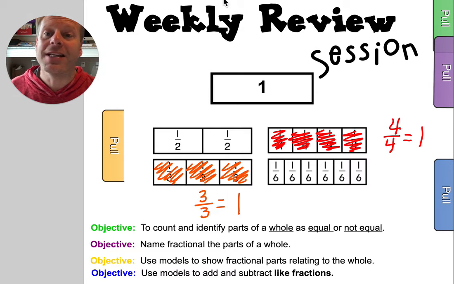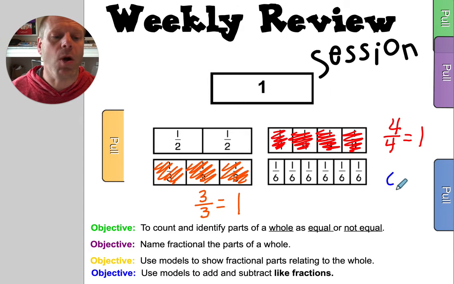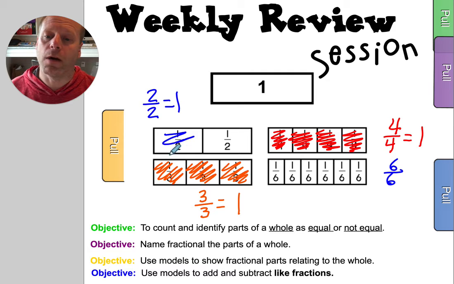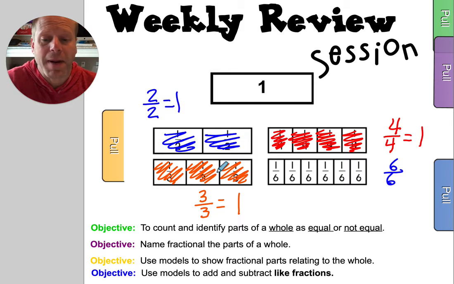Here, I would need 6 out of 6 to be a whole. Here, I would need 2 out of 2 to be one whole candy bar. 2 pieces would give me a whole thing. It just depends how many pieces you have when you cut it up. However many you have to have them all. Otherwise, you don't have a whole. So you have to have all the pieces possible.